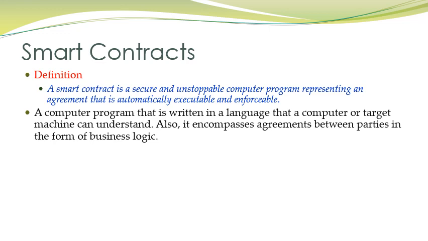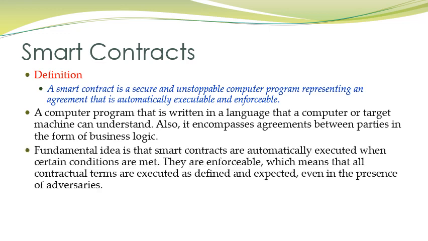So the smart contract will enforce the business logic: it will verify the conditions in the agreement, and if those conditions are met, it will go ahead and finalize the transaction. The fundamental idea is that smart contracts are automatically executed when certain conditions are met.